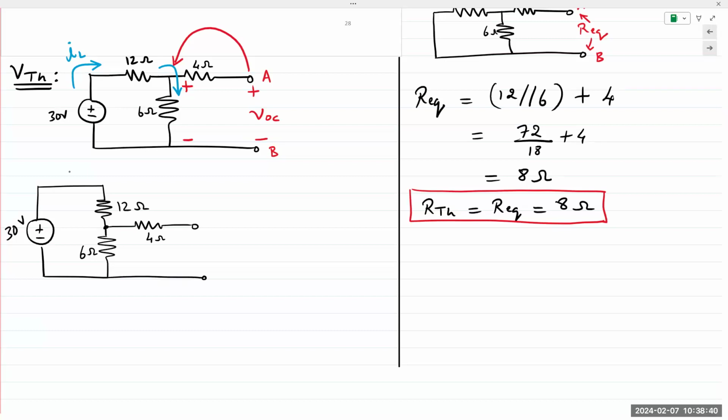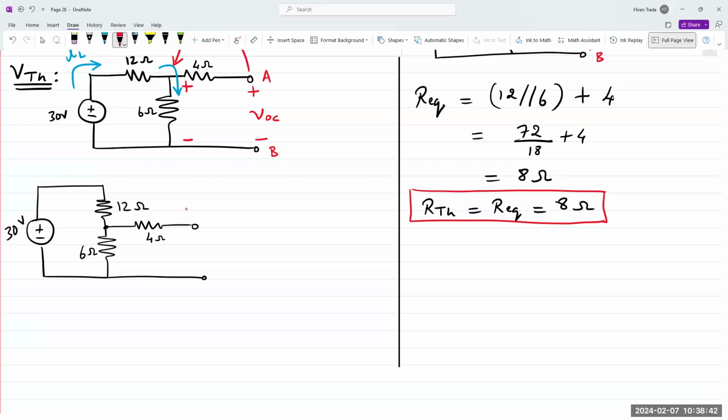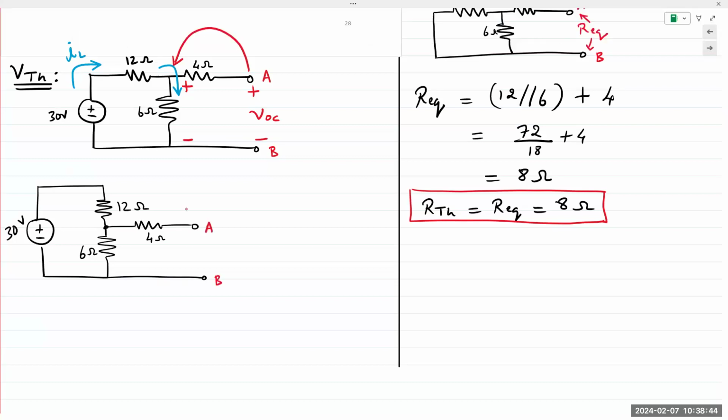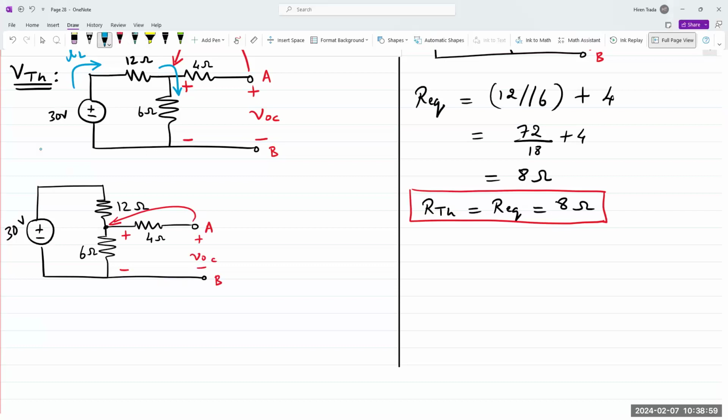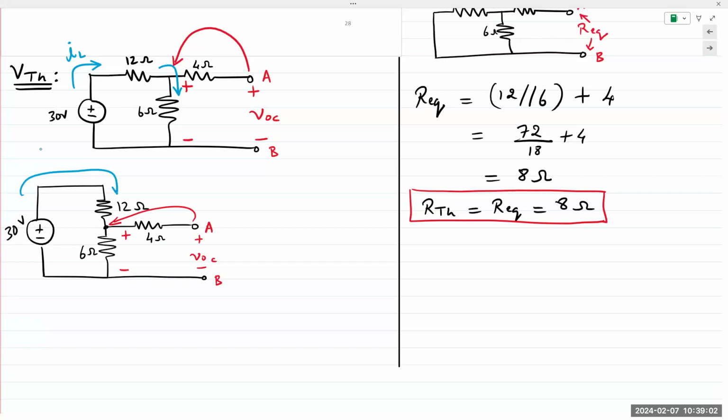The 4 ohms is connected there, but again, has no impact on the circuit whatsoever. Plus minus here is exactly the same as plus minus here, because it has the exact same potential. And I have current IL flowing through the circuit.